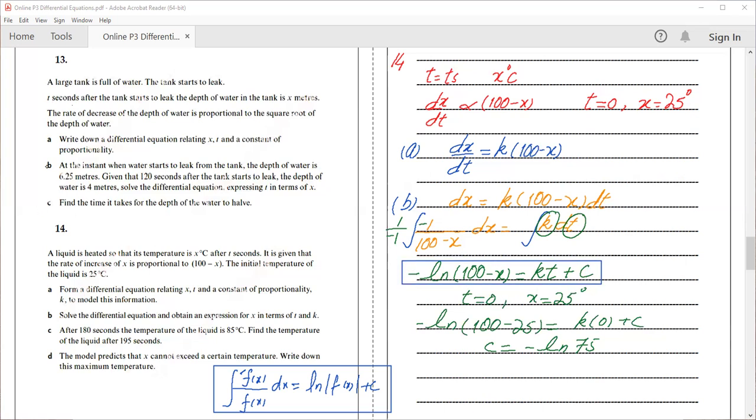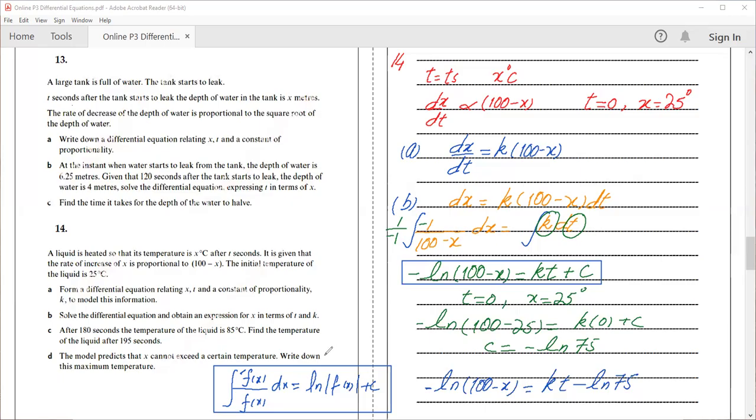What will you get as the answer? The answer will be minus log natural of 100 minus x is equal to k times t minus log natural of 75. Now, after putting these values, the next part of the question is that you have to make the differential equation.